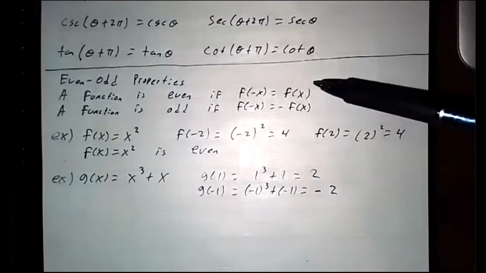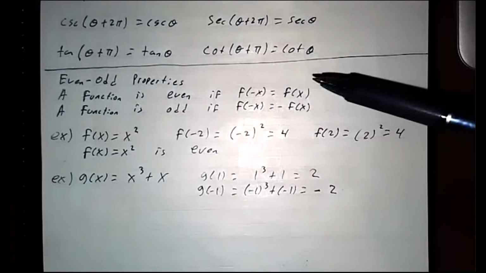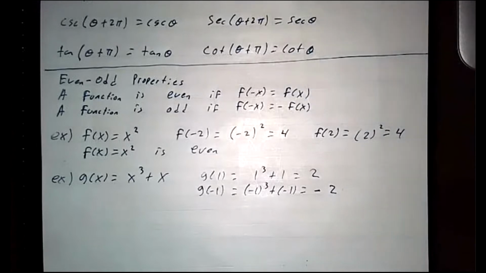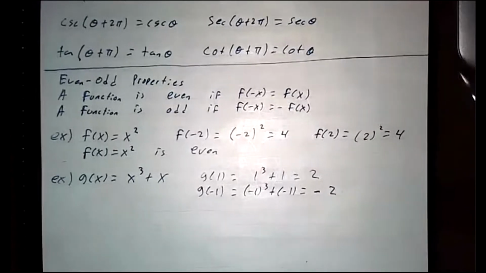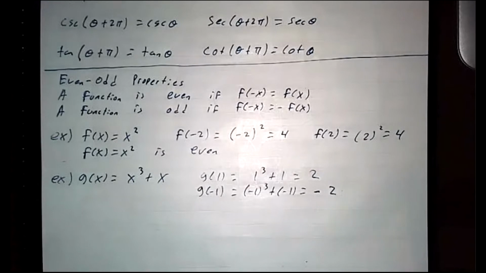Is it the same no matter what I plug in, 1 or -1? Then good, it's even. And if I can factor out a negative and get the same thing, then yes, it's odd. All right. Anyway, I think the concept makes sense.